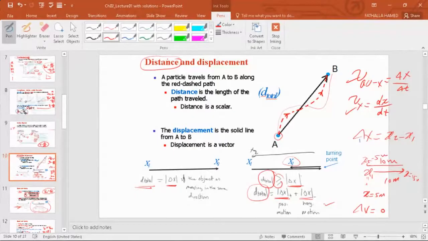But if you move and end up at the same position, your displacement is also 0, as if you did not move, but you made a movement. Now you have to come to distance. Distance is how much you moved. It's not basically a displacement.